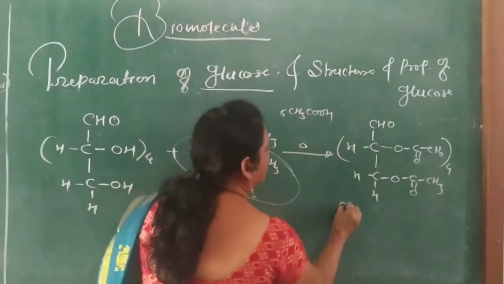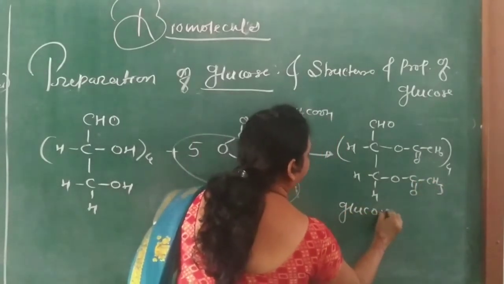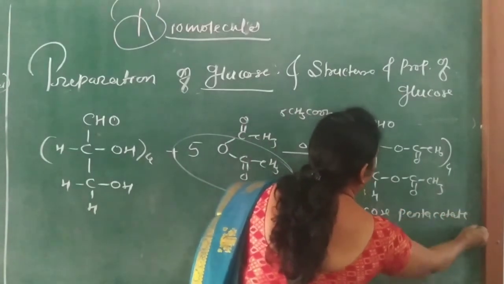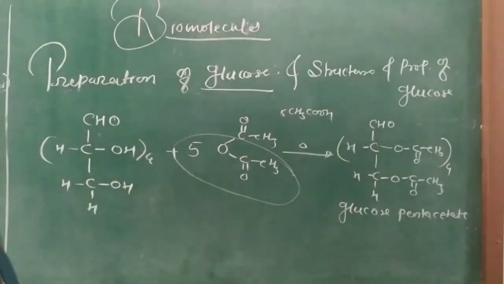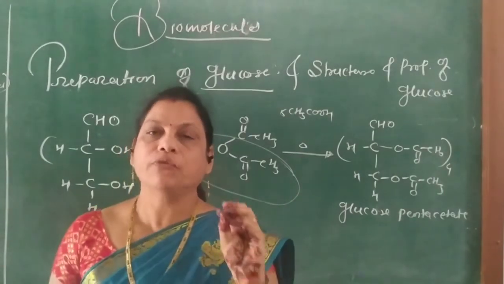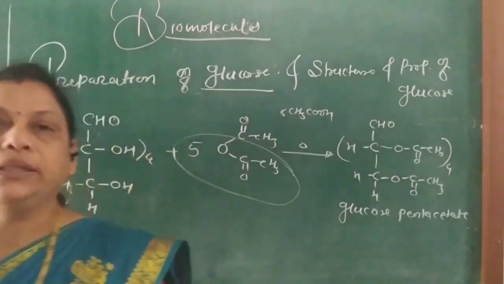So this is the glucose pentaacetate. Means from this reaction it is indicated that glucose contains 5 hydroxyl groups. Means 5 OH groups are there.